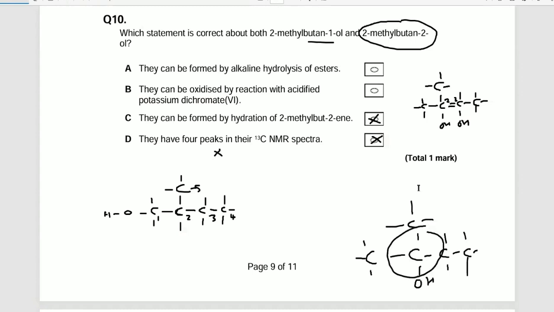It's a tertiary alcohol. Look, there's no hydrogens on the adjacent carbon. If it's a tertiary alcohol, it cannot be oxidized by potassium dichromate. Primary can obviously be oxidized to aldehydes, and secondary can be oxidized to ketones. But here, our tertiary alcohol cannot be oxidized to either. So B is wrong.